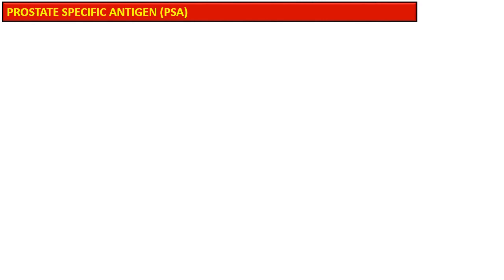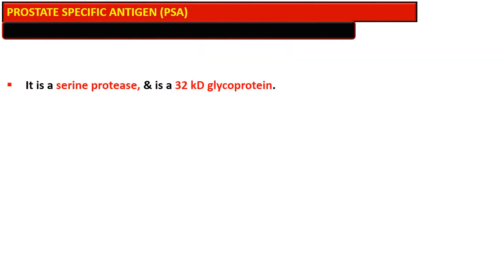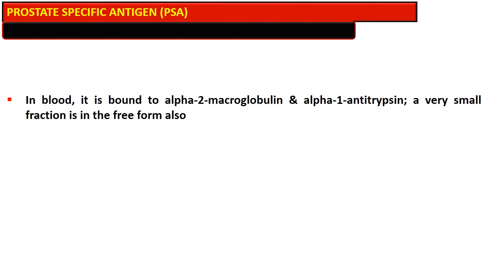The prostate-specific antigen is produced from the secretory epithelium of the prostate gland, and it is secreted into the seminal fluid where it is necessary for the liquefaction of the seminal coagulum. It is a serine protease and 32 kD glycoprotein. It is bound to alpha-2 macroglobulin and alpha-1 antitrypsin in the blood.